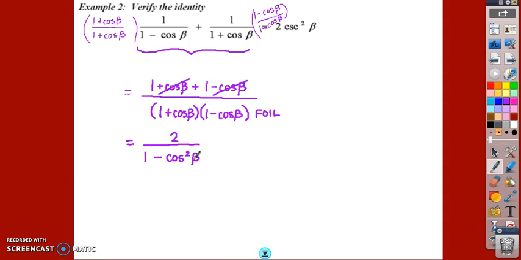Alright, now this is reminding me of my sine squared plus cosine squared equals 1 identity. That's one of the Pythagorean identities. Only I need to rearrange it a little bit.